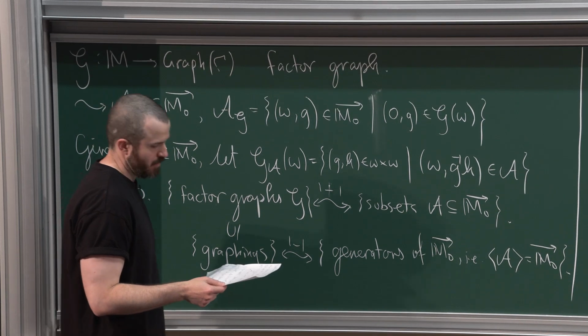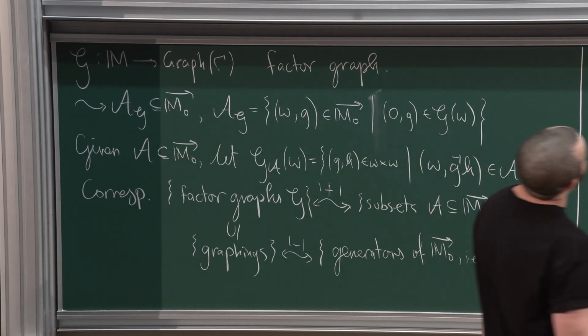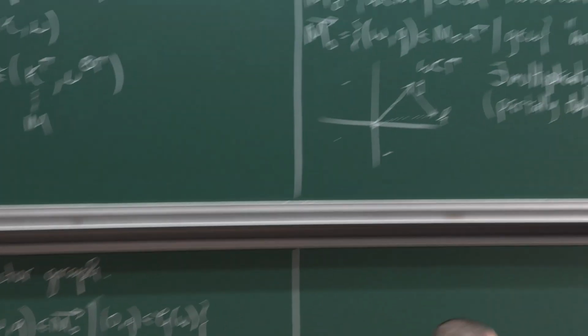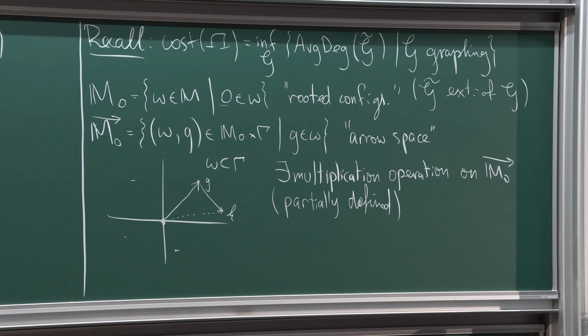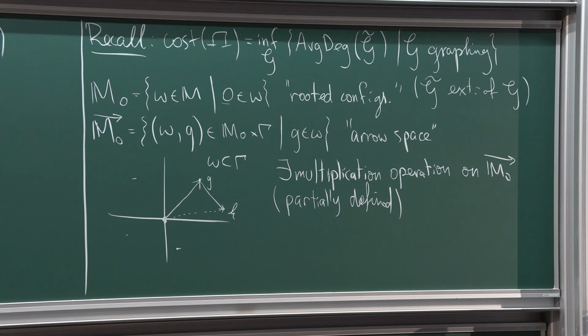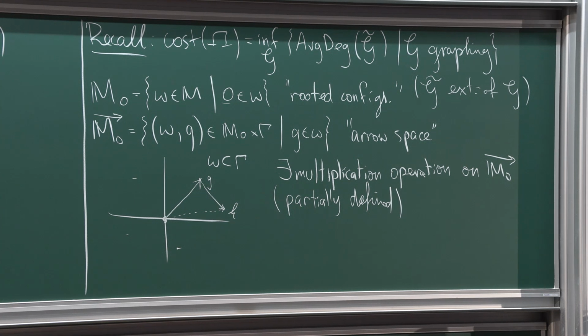And our groupoid was not just, well, we wanted to take the average degree of these graphings. So what does this correspond to in the groupoid language? So the average degree of, well, not necessarily a graphing, maybe just a factor graph, can be expressed in a slightly strange expression.